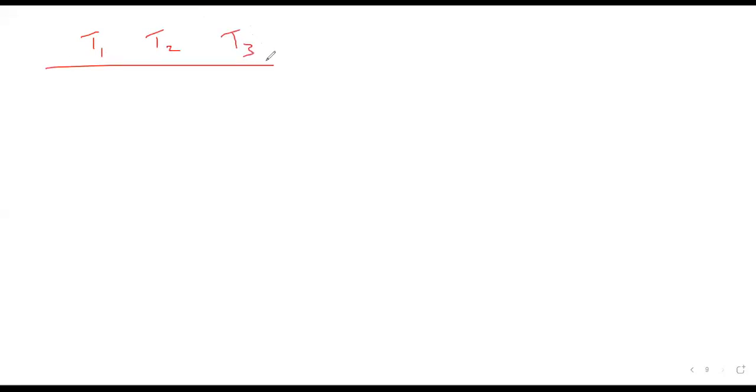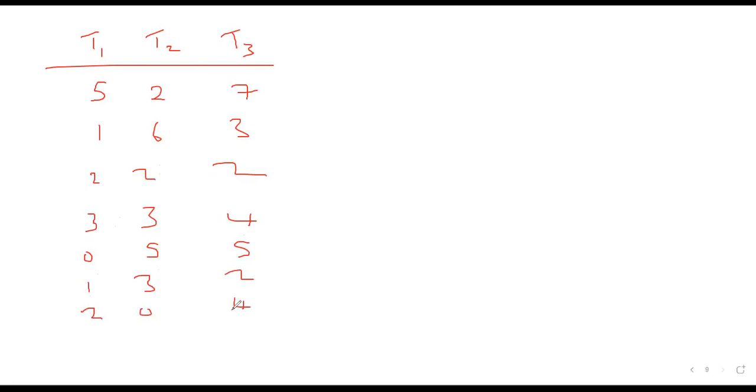So here in treatment 1, we have what? 5, 2, 7, 1, 6, 3, 2, 2, 2, 3, 3, 4, 0, 5, 5, 1, 3, 2, 2, 0, 4, and finally 2, 3, 5.